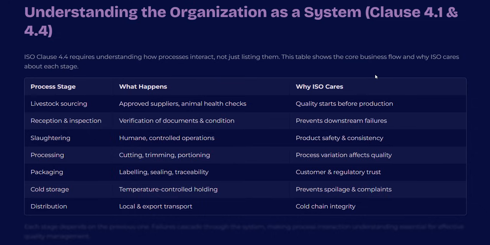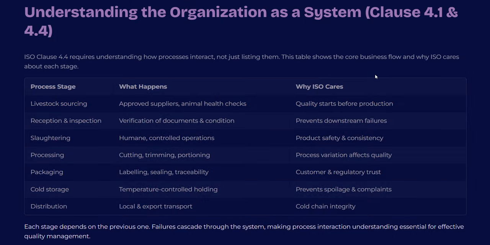The process of cold storage, where temperature control and holding is implemented. ISO here cares because it prevents spoilage and complaints. We have the stage of distribution, the local and export transport. Here, ISO cares because cold chain integrity is vital.